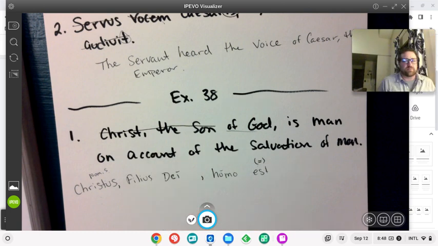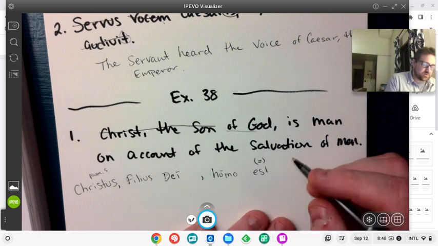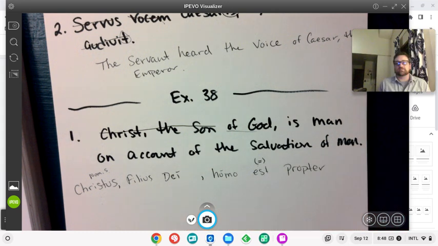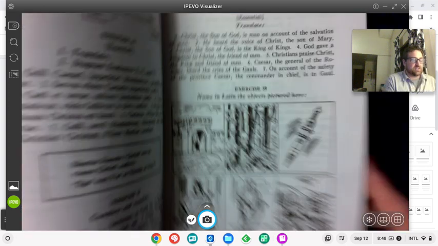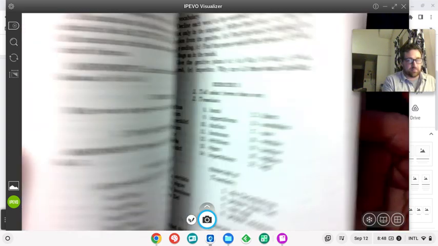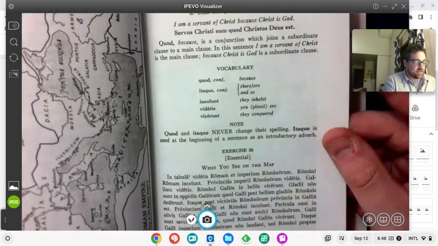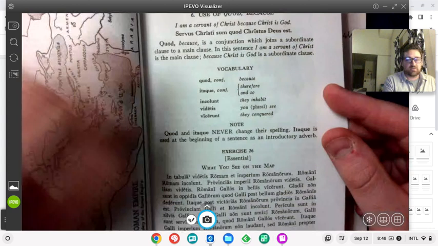So what was that word for on account of? It was propter. Propter. And because we have a preposition, we need to remember what does propter take, right? And so if we go back to where we found propter in our book, I know this is a little bit of work, but you're going to have to keep doing it until, is this the one where, nope, propter.